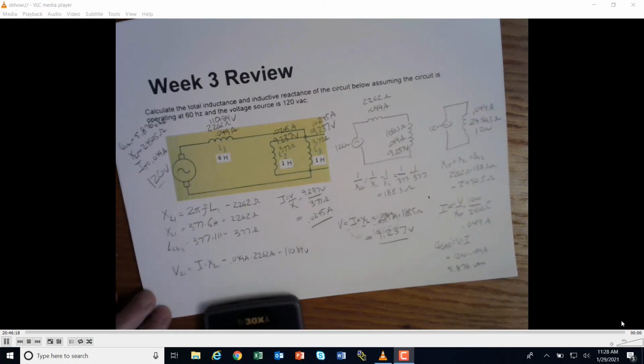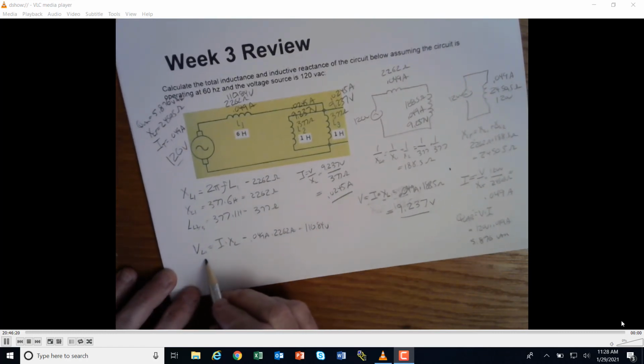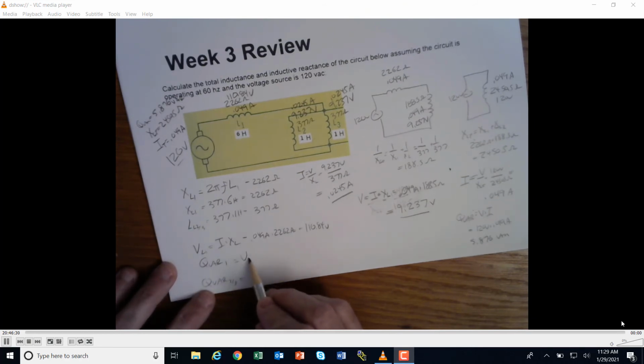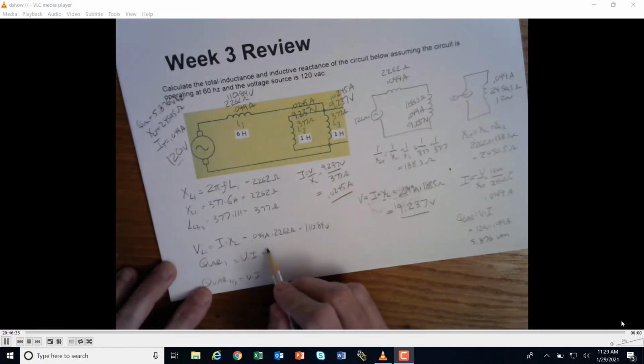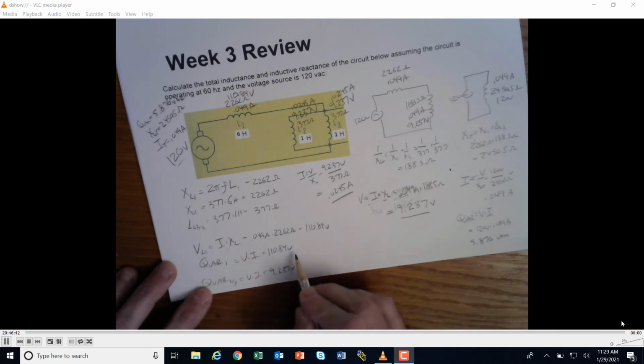And then we just need to get our Q var for each one of those. Q var of 1 and Q var of 2 and 3, which are going to be the same because they're the same numbers, is going to be V times I, which is going to be my voltage here, 110.84 volts, and these voltages were 9.237 volts. The current here was 0.049 amps. The current here was 0.0245 amps.